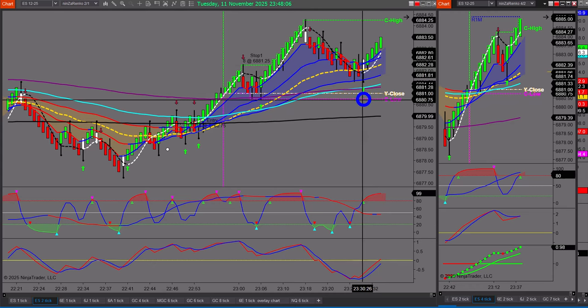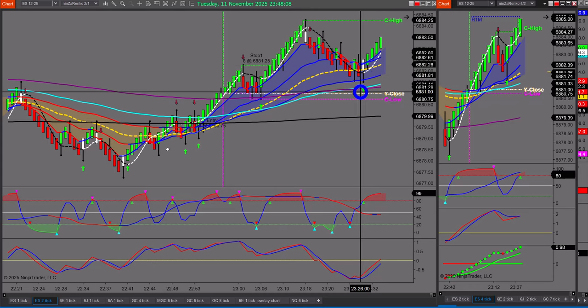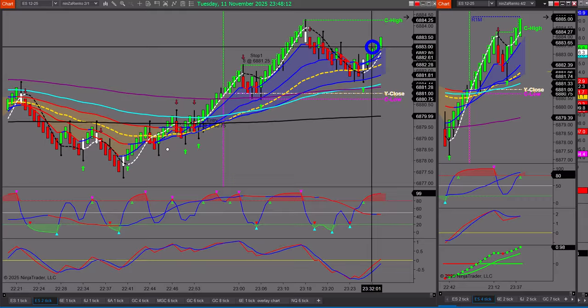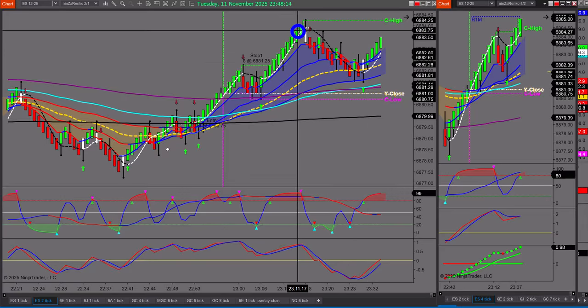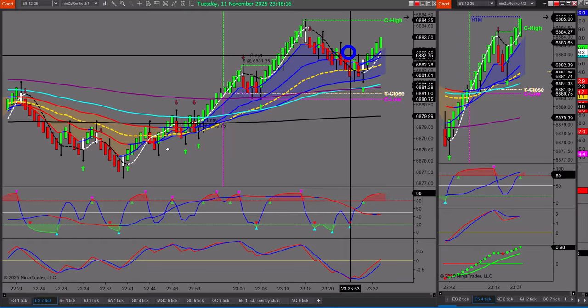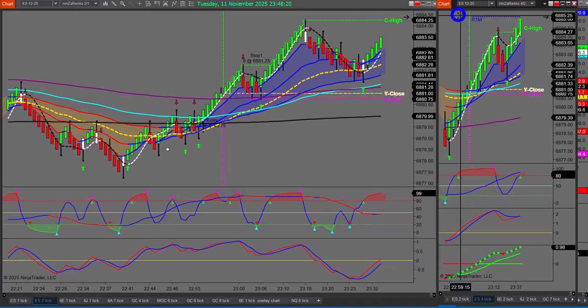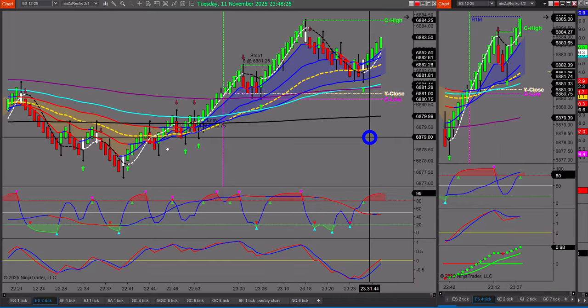I can wait for the 16 hook. I can wait for the white paint bar, which is my super scalper. But the most important thing is I've got a bounce off major EMAs on not only the entry chart but the anchor chart too. Makes it a very high probability trade.